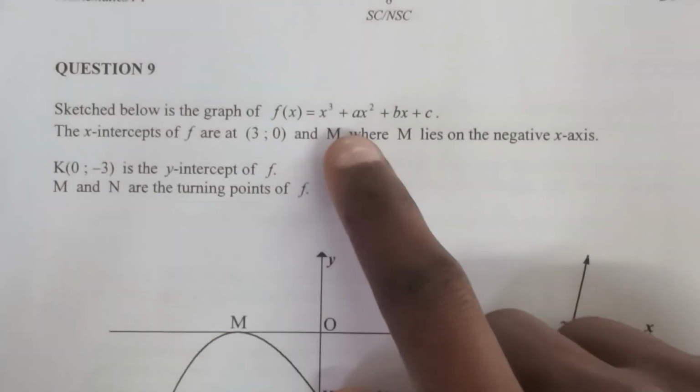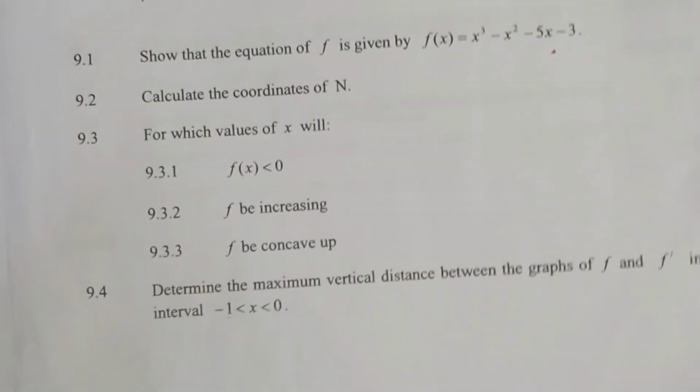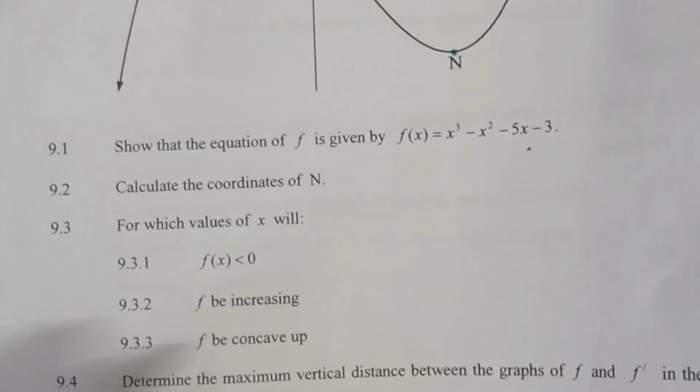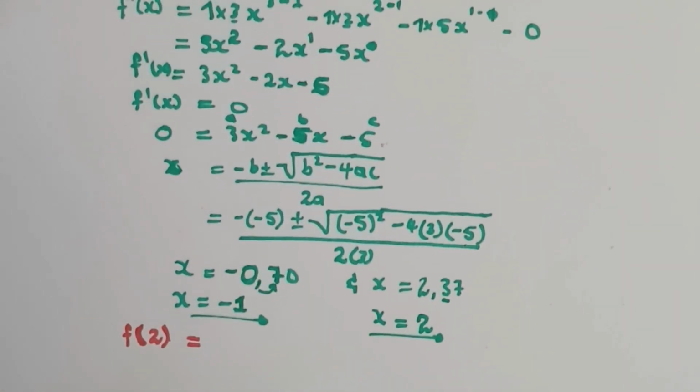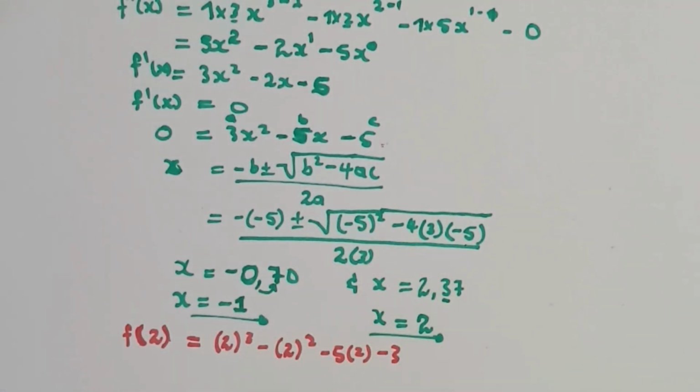The general equation was x cubed minus x squared minus 5x minus 3. So now f of 2 should be 2 to the power of 3, cubed, minus 2 squared minus 5 into 2, and then minus 3. Let's punch our calculator now and see what we get.